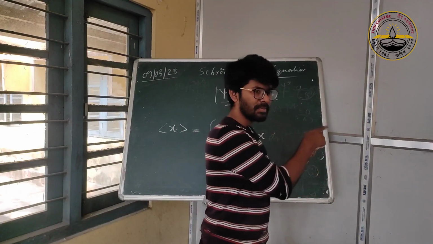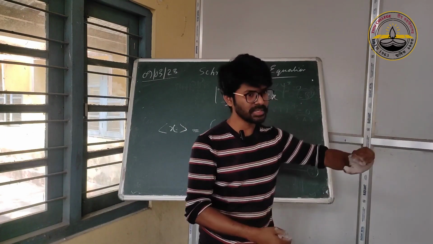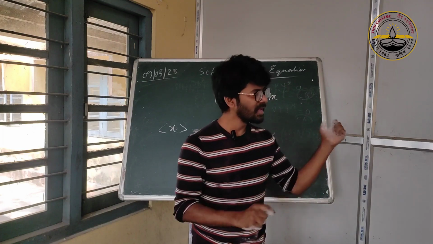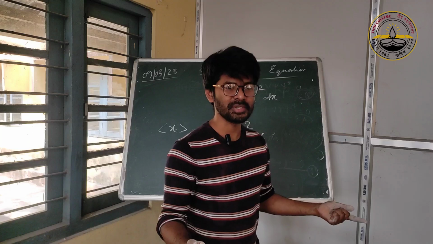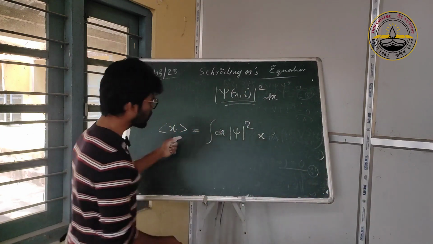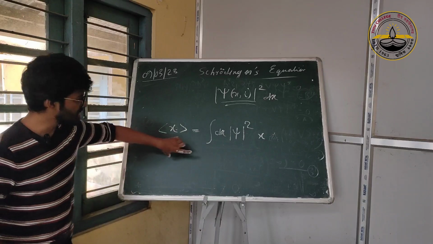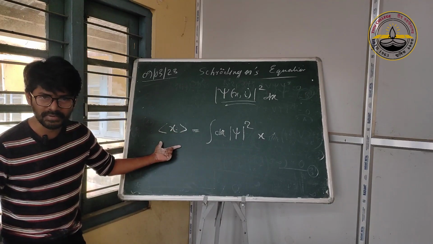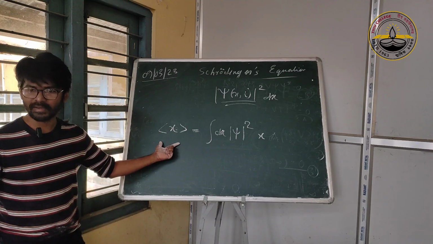Now you go and perform experiments on each box, and you find some positions, right? Then you calculate the average of the position. So what was the average position found? That will be close to this value. This is a theoretical value, okay? It's called the expectation value. This is what you should get.